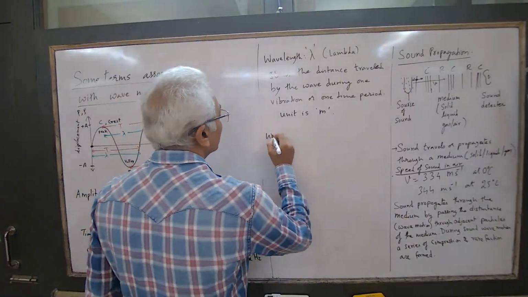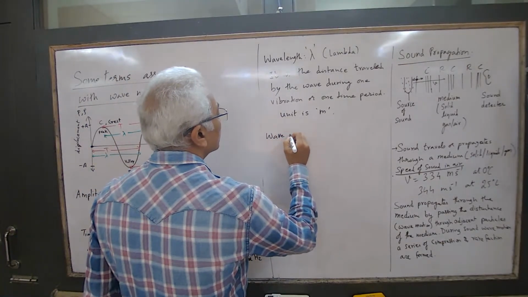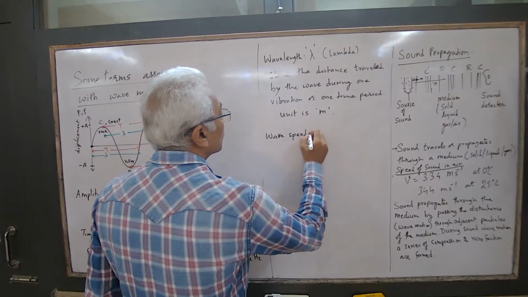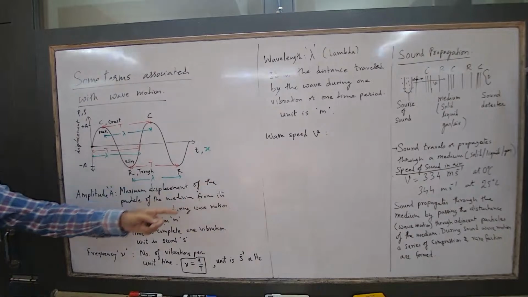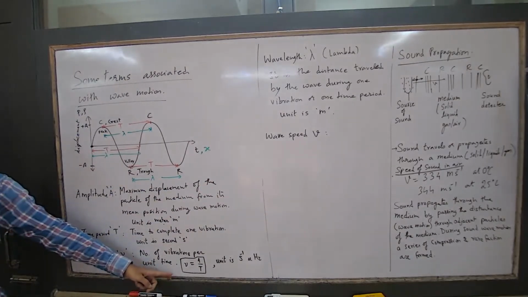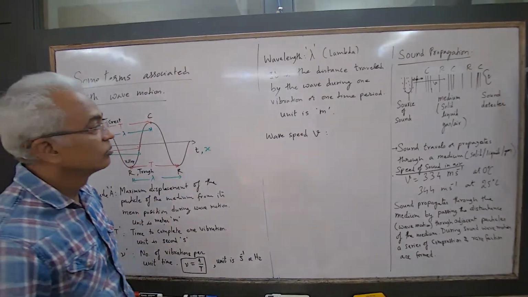So wave speed. Wave speed is denoted as small v. See the difference in the symbol. Okay. So what is wave speed?